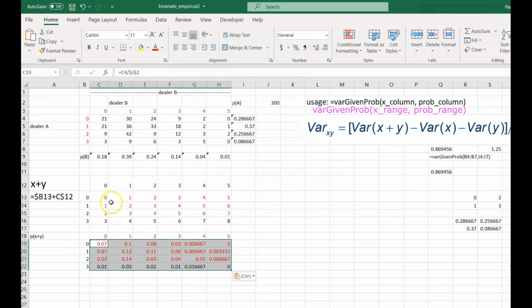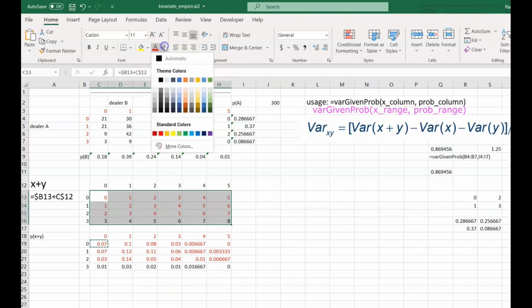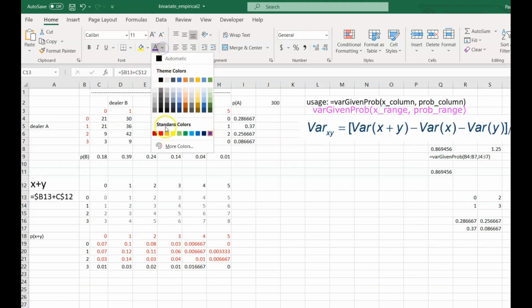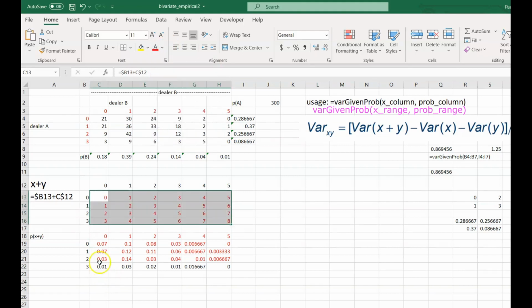So this is our X range. Let's make it red. And this is our probability. Let's make this one black.